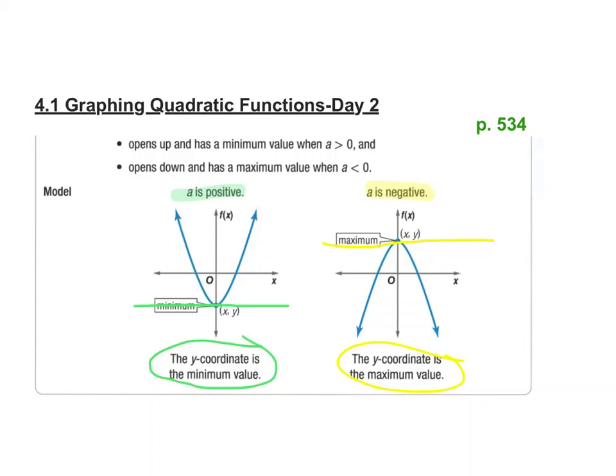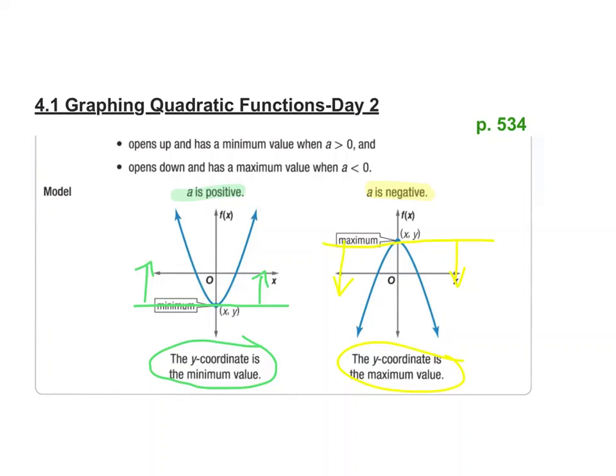So, for example, on the graph that opens up, we have a bottom boundary. So the range is going to be at that y value or greater than that y value when A is positive, meaning it opens up. When A is negative and it opens down, we have that maximum value, so it can be that top y value or everything below it.